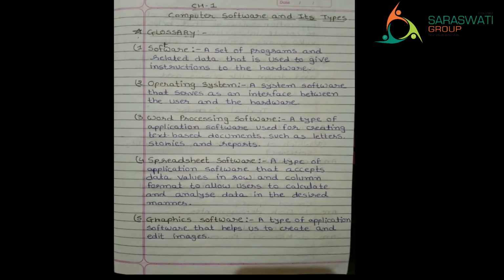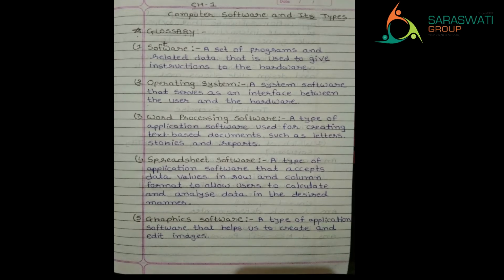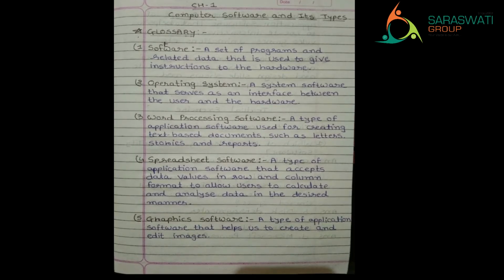Okay kids, so as we have completed the explanation of first chapter, now we are moving to the classwork portion. In the classwork, I hope you have written the hard words. After the hard words, in every chapter, what will you write? That is the glossary. Glossary part is given at the end of the chapter, right?